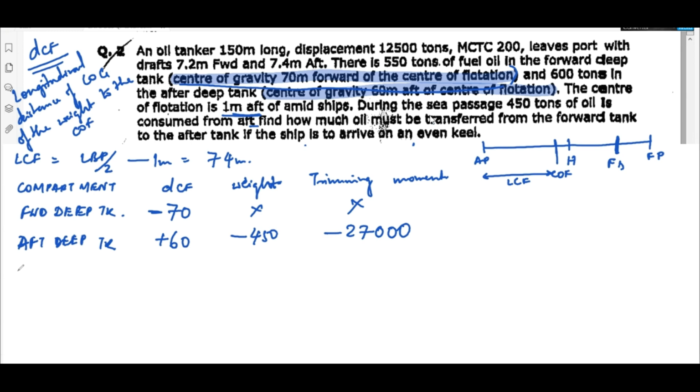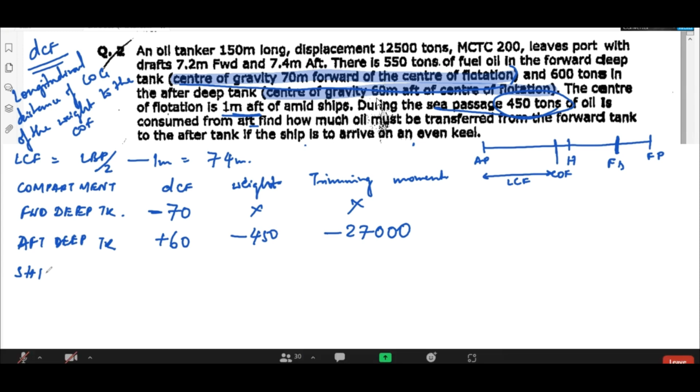Sir, how did you take this weight? It is given here: during the sea passage, 450 tons of oil is consumed. Sir, we were looking at the deep tank, that's why. What is that initial displacement? Not required. Why? Have we used displacement in any of our problems so far?